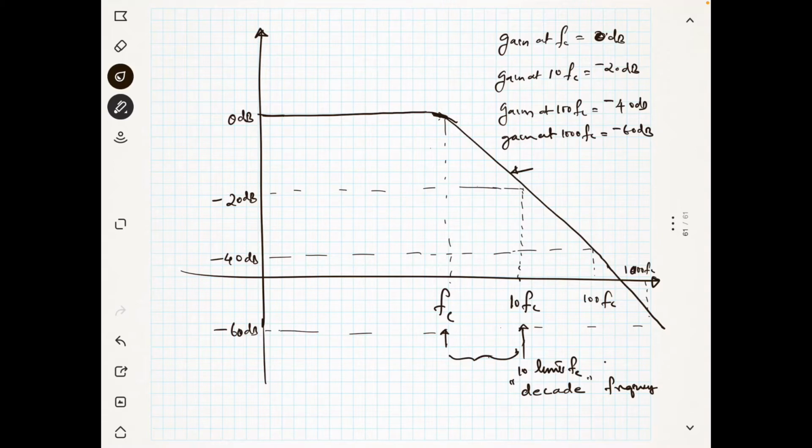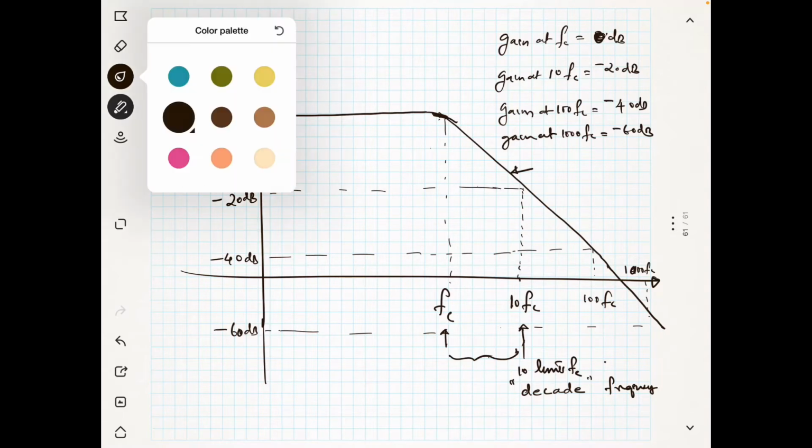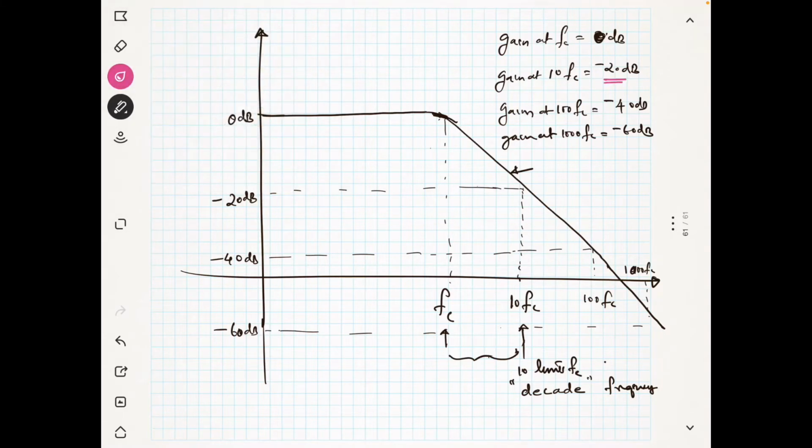So what is happening here? The gain was 0 dB initially. After that it has become minus 20, then minus 40. That means in one decade, the gain reduces by 20 dB.